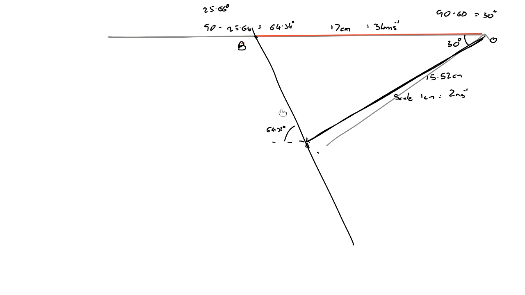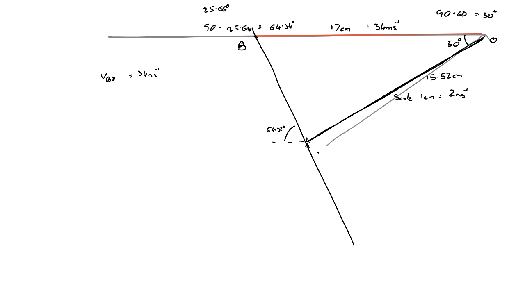To get the second part, the angular velocity of the crank, what we have is the tangential velocity. We have V of B with respect to O, which is equal to 34 meters per second.